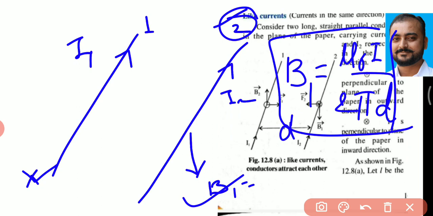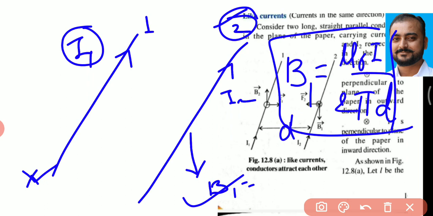The stretched thumb denotes the direction of current flowing through the conductor, and the curled fingers show the direction of the magnetic field. So friends, just imagine you hold the conductor in such a way that the thumb represents the flow of current and the curled fingers represent the magnetic field.